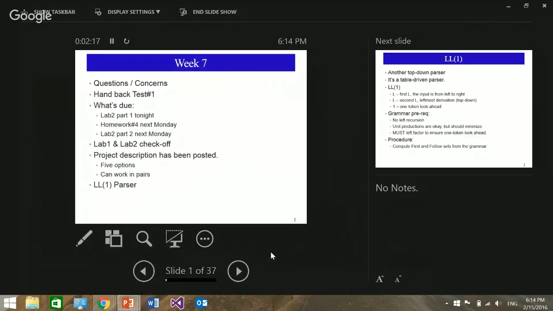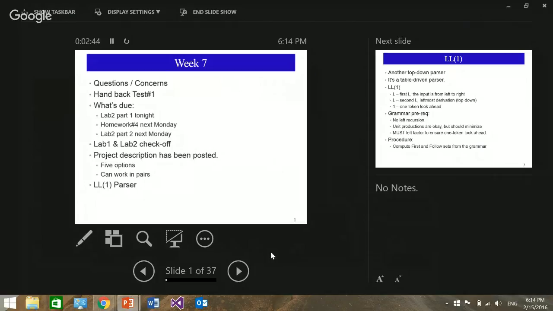If you don't have your lab 1 checked off yet, there are a number of you in Blackboard who submitted it but I haven't seen it yet. Let's do that tonight so I can grade it and give you points for turning that in. I posted the project description already. There are 5 different options, and we'll talk more about that next week.